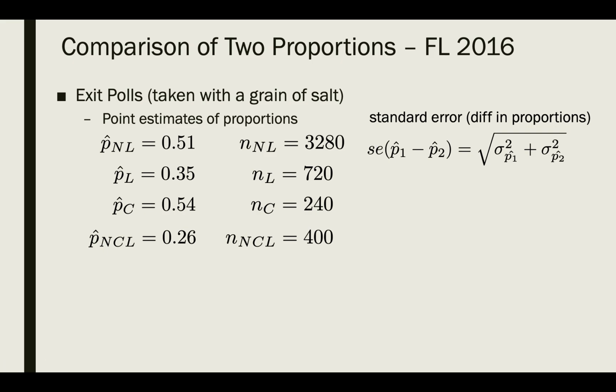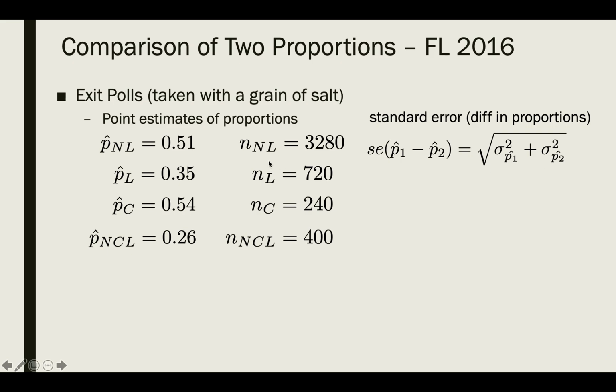Here, the statistic we care about is the difference between two estimated proportions, and that can be found by taking the sum of the variances for each of those proportions. I'm using sigma squared with the subscript referring to what it is the variance of. So it's the square of the standard deviation of the first estimated proportion plus the same for the second.